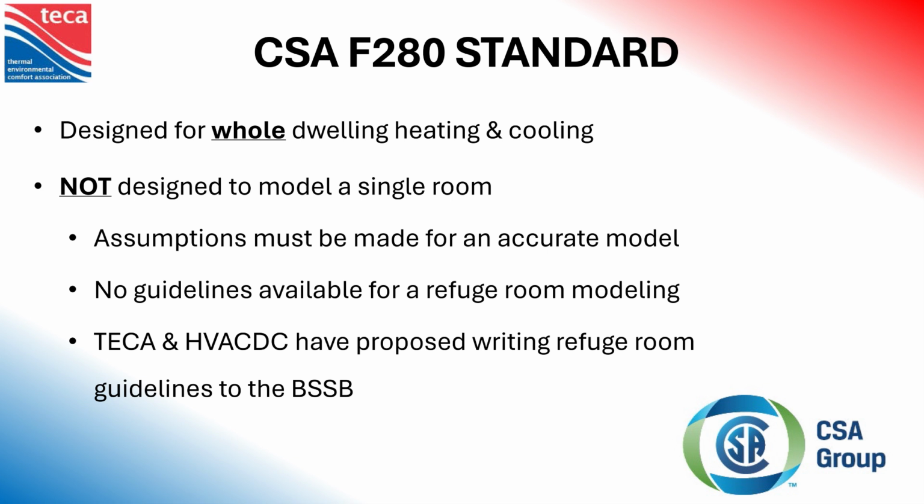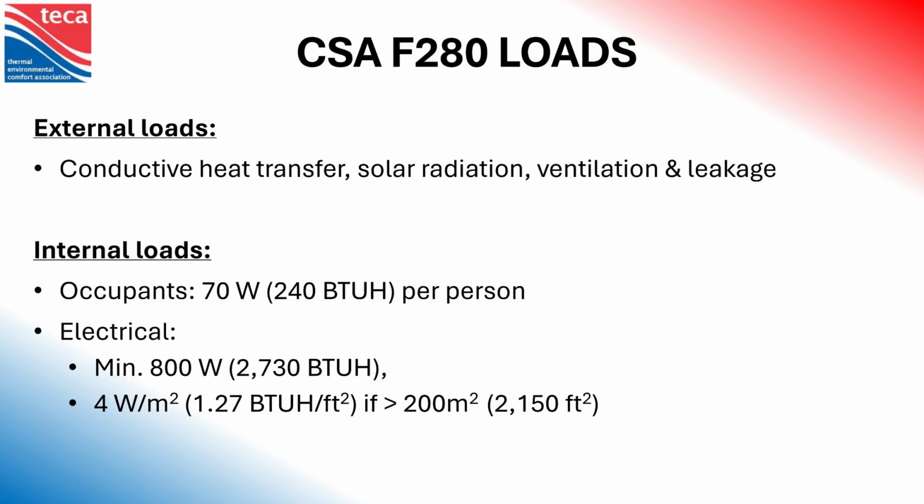Looking at CSA F280, we always have external loads, and this is mostly what people think about when they think about heat loss and heat gain. They're considering the conductive heat transfer through the building, solar radiation, ventilation, and leakage. But in addition to that, CSA F280 has a requirement for considering internal loads.